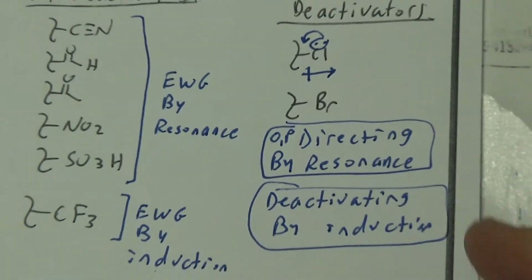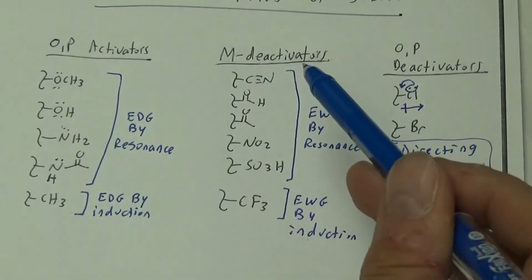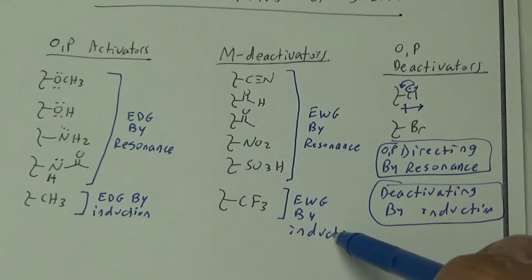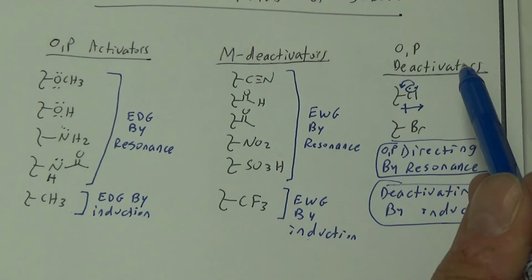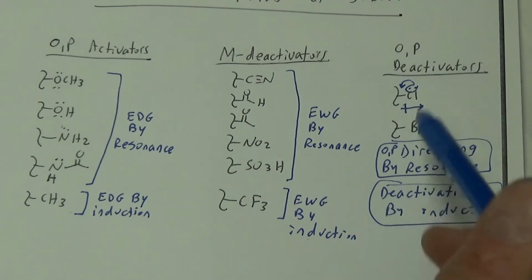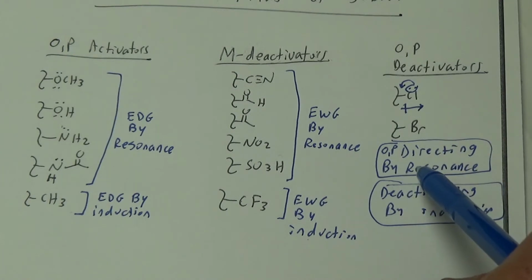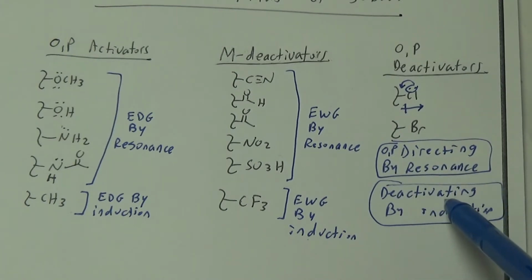So halogens are a little weird. Okay, so that's it in a nutshell. We have ortho-para activators, we have meta deactivators, and then the very tiny class of ortho-para deactivators. So they decrease the rate of the reaction a little bit because they're ortho-para directing by resonance and deactivating by induction. Okay.